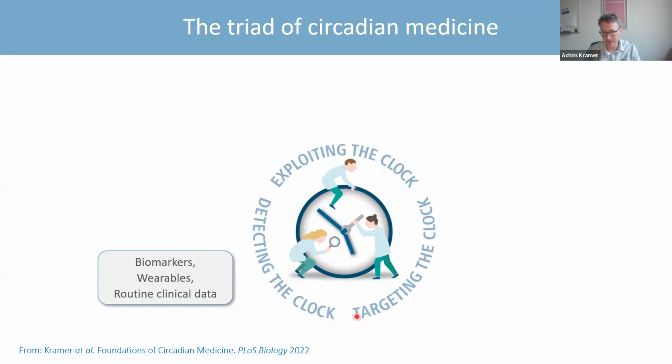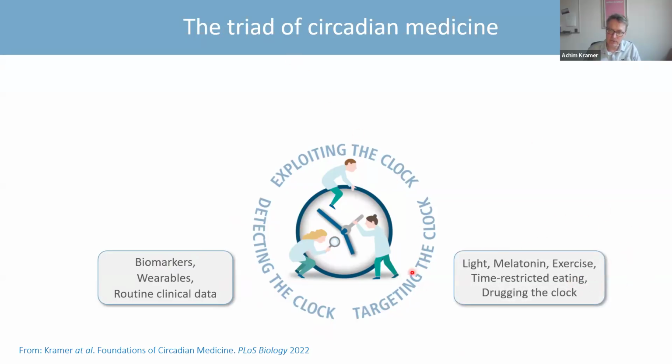But if you have a disrupted clock, then we want to repair it. And this is also part of circadian medicine. And we can do that with light therapy. We can use melatonin, which is a hormone, the hormone of the dark. And there's a high density of melatonin receptors expressed in the SCN, so we can use it basically as darkness in the pill to synchronize the clock and to try to realign it.